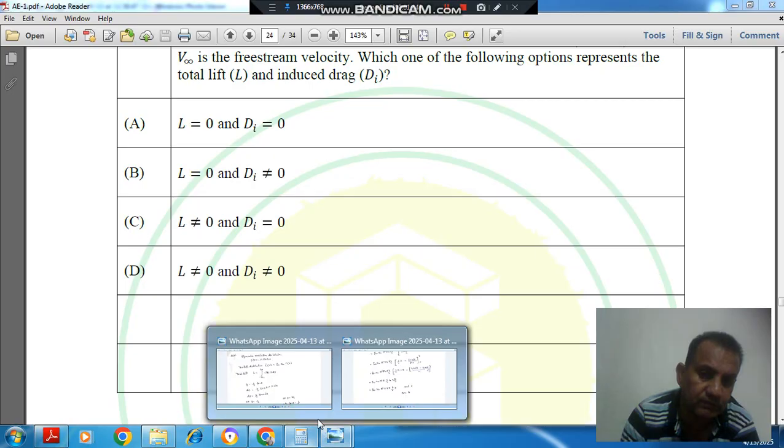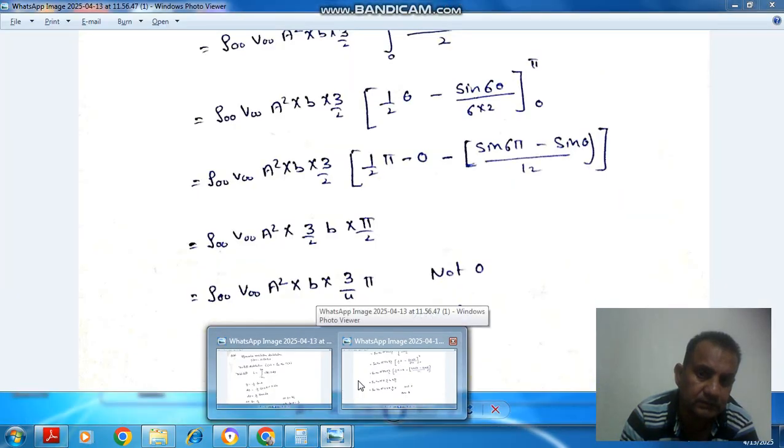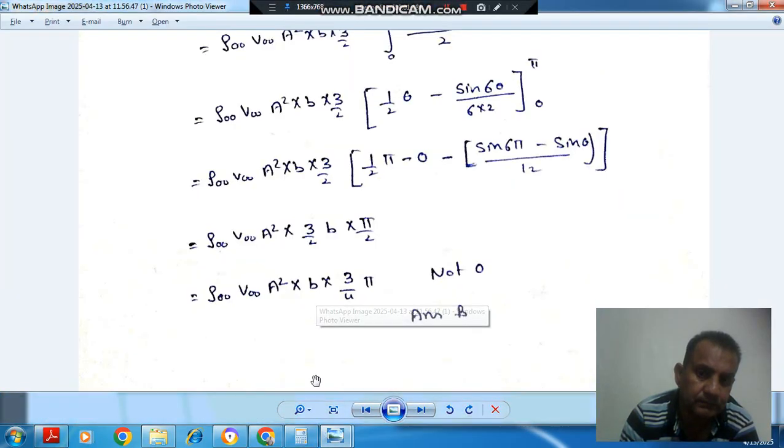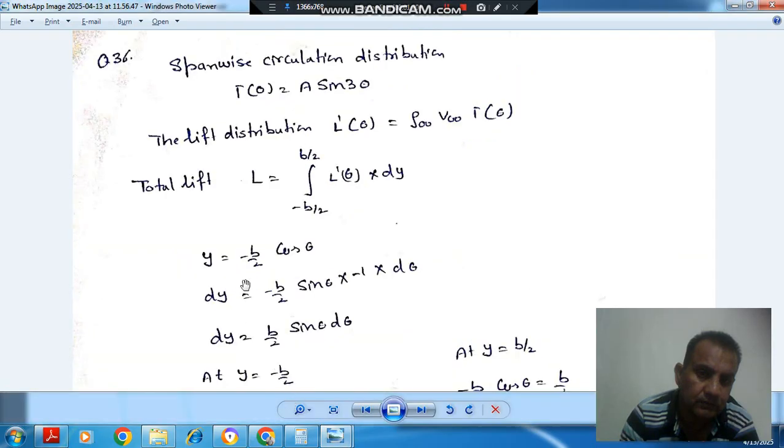So here it is given that the span-wise circulation distribution is Γ(θ) = A sin θ. And from this span-wise circulation distribution we can find out the lift distribution.